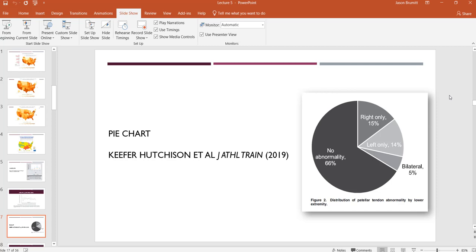What we were able to show here is, in general, the majority had no abnormality at the start of the season. But then we see that there were individuals that had it on the right and the left, and then a small sliver also had it bilaterally. So again, it gives you that quick view of, in this case, the prevalence of that preseason patellar abnormality.